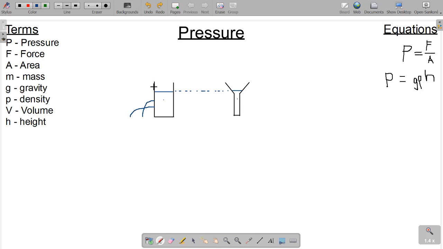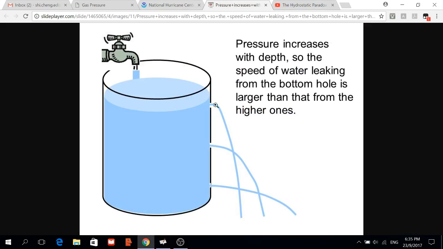Given a fixed fluid, the density and the gravity won't change. So the pressure will be directly proportional to the height of the fluid at which you put the point. Okay, so here you can see. By right, this is supposed to happen.